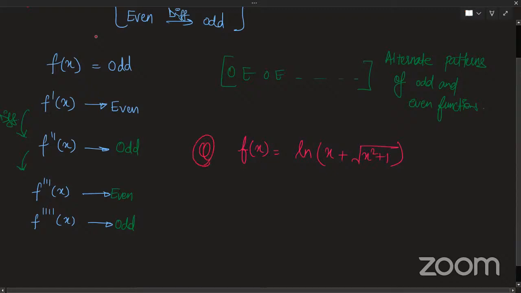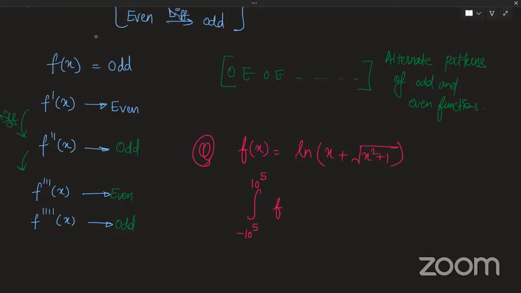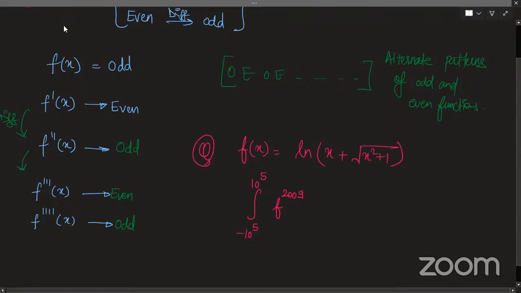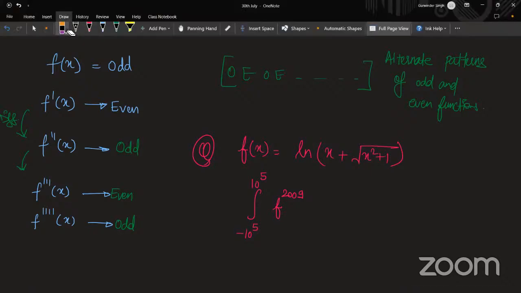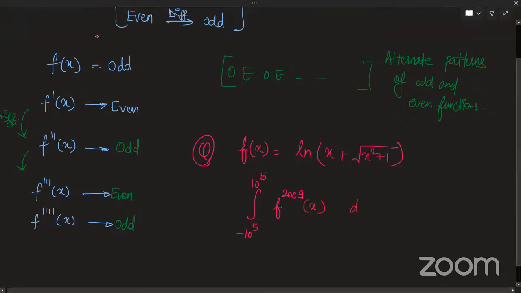And now I am asking you, what is the integration from minus 10 raised to 5 to 10 raised to 5 of f differentiated 2009 times, dx? So it is basically 2009 times you will be differentiating it. Can you figure this question out?